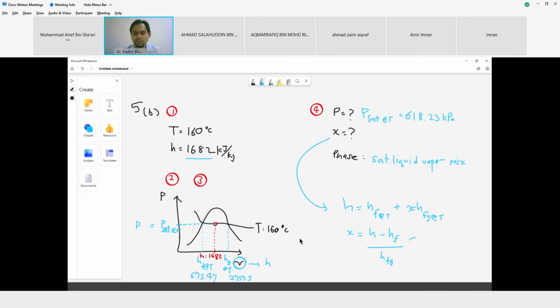Please someone calculate, find the value. Betul. Ya, 0.483.